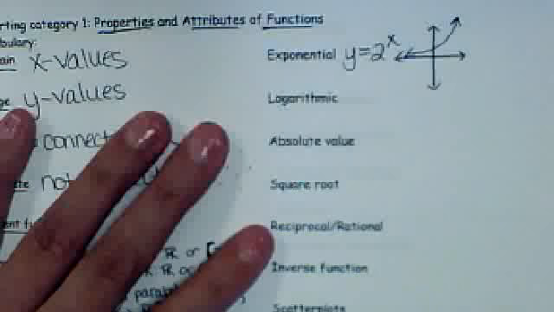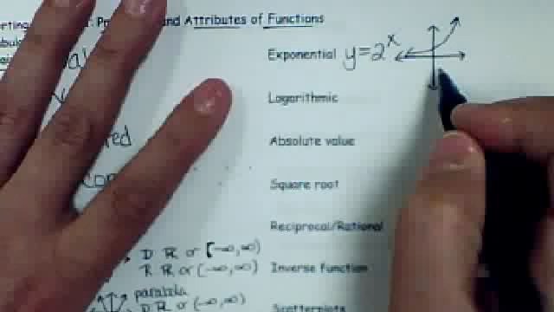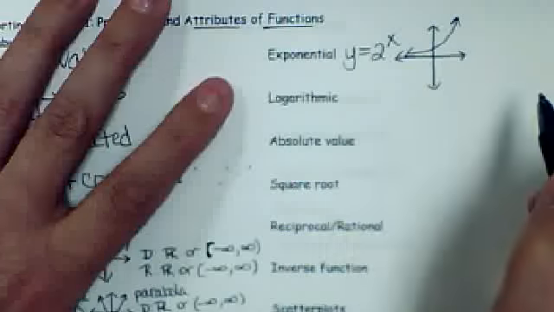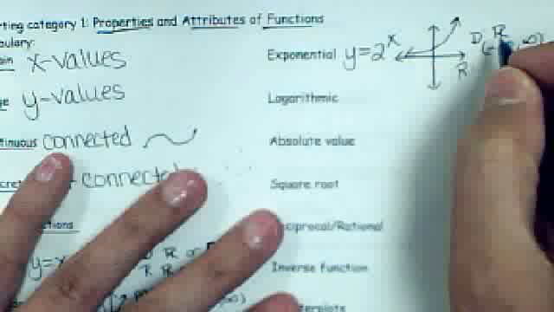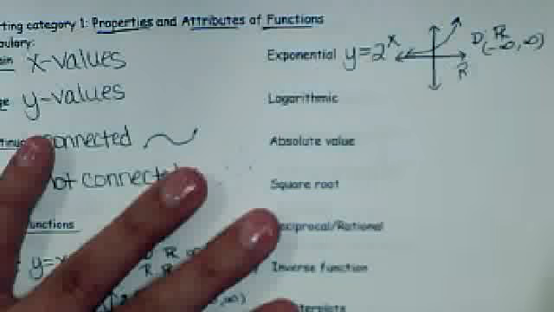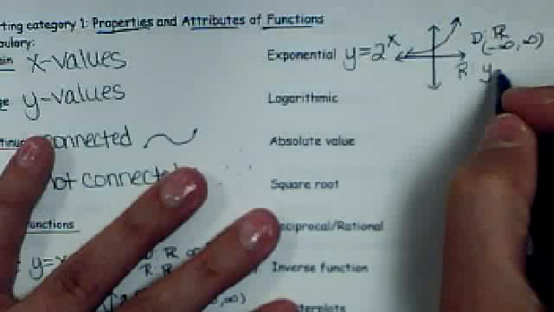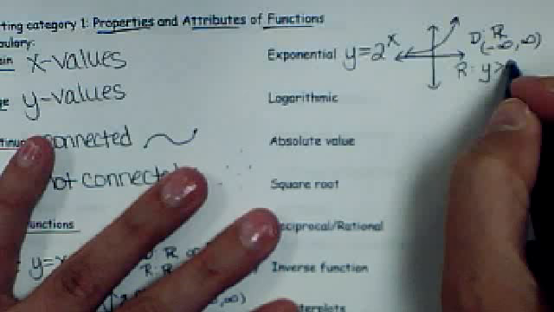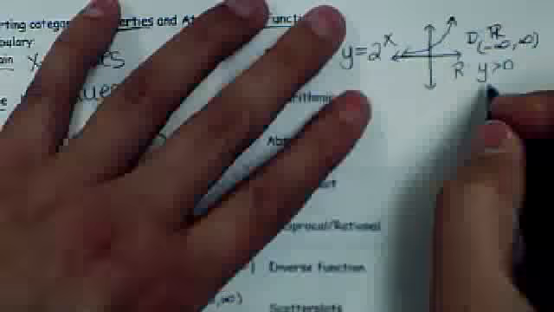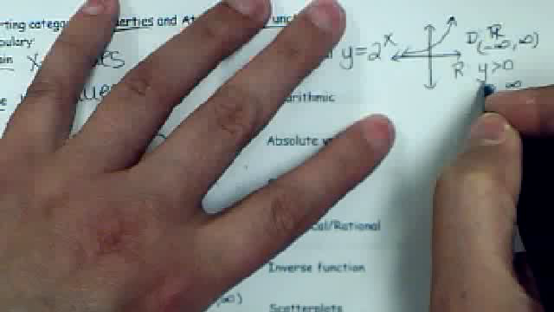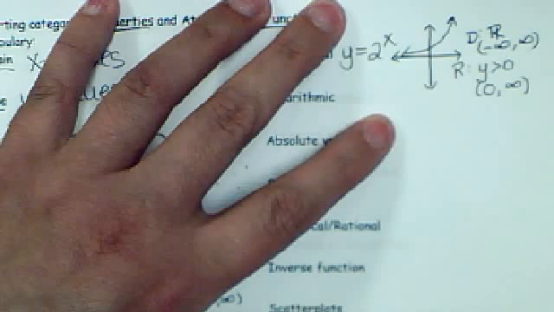So it's getting closer to the x-axis over here on the left and going up to the right. The domain is all real numbers, or negative infinity to positive infinity. The range, you'll notice our graph never touches that x-axis. So that means the range is y is greater than 0. As an interval, it would be 0 to infinity, and both would get parentheses. Because that 0 is not equal, it gets a parenthesis.